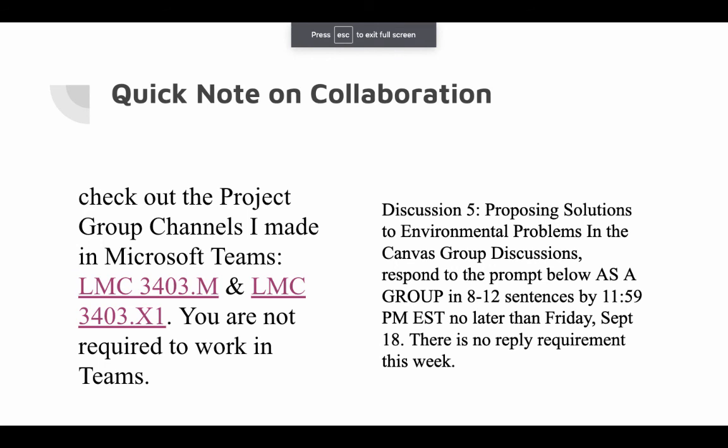Just a quick note on collaboration. If you didn't see my announcement, you have all been included in subgroups on Teams. Teams is not the greatest software on the planet, but Georgia Tech has a license, and so they're asking us to use licensed software.